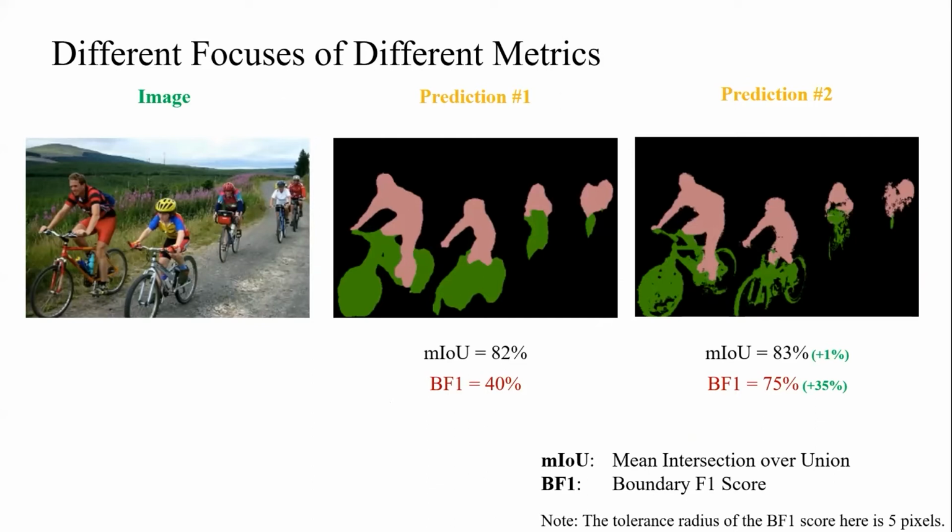As an example, let's see the image of people riding bicycles. On the right are two different segmentation predictions of the image, and the results differ when you utilize different evaluation metrics. Some metrics focus more on the boundary, and others focus more on the main region of each segment.